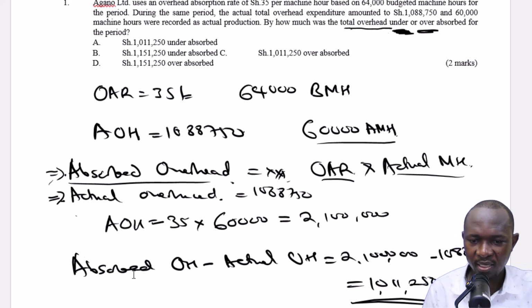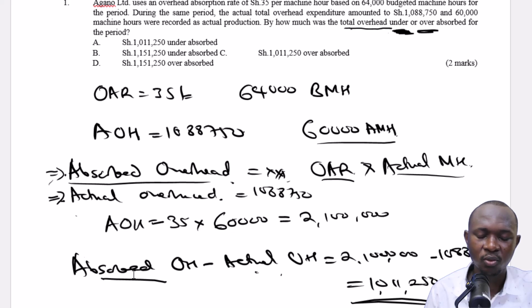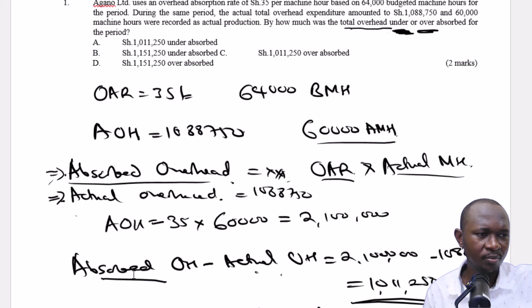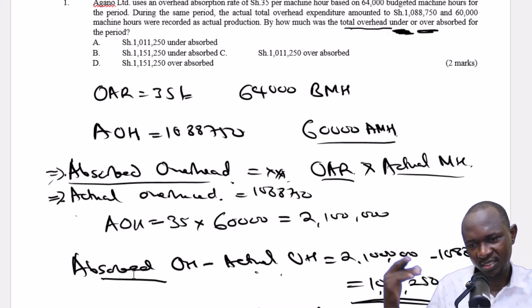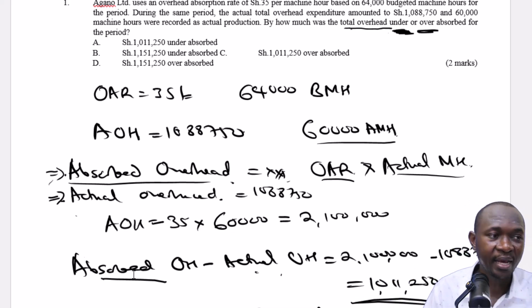In our case, the absorbed overheads are greater than the actual overheads, so the 1,011,250 is an over absorption. Now we go to the answer and check. Otherwise, if the absorbed overheads were less than the actual overheads, it would have been under absorption.